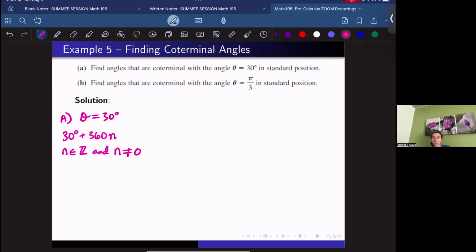So we can have negative values too. If we plug in -1, this would still be coterminal. It just essentially means we add 360 or subtract multiples of 360.